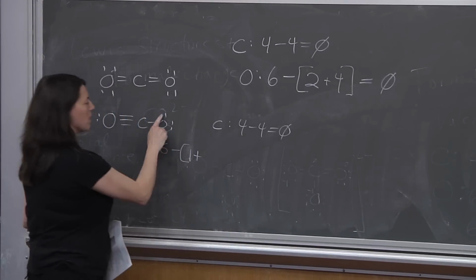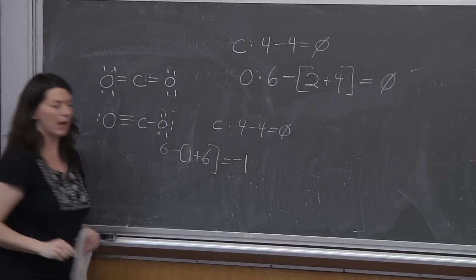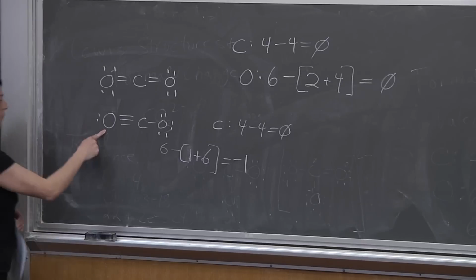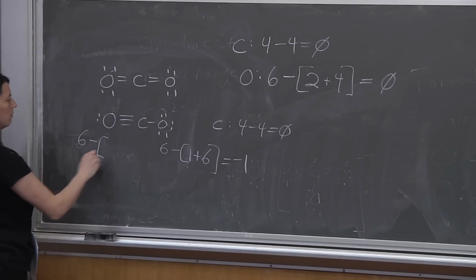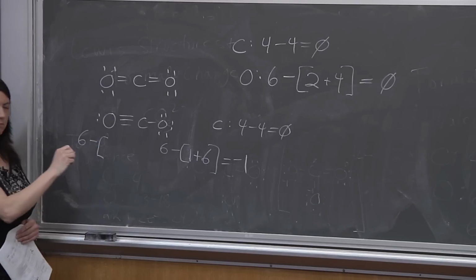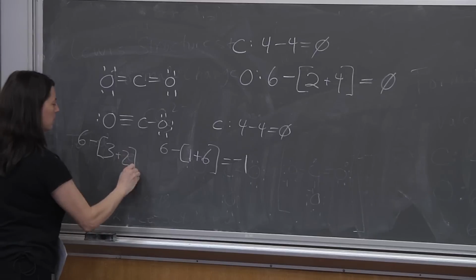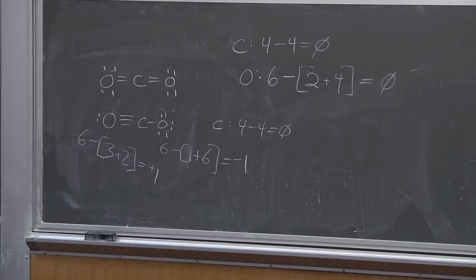I combine that with the non-bonding electrons, that's 6. And I get -1, right? This one is different. This one is 6 minus 3 for the bonding, and 2 is plus 1.